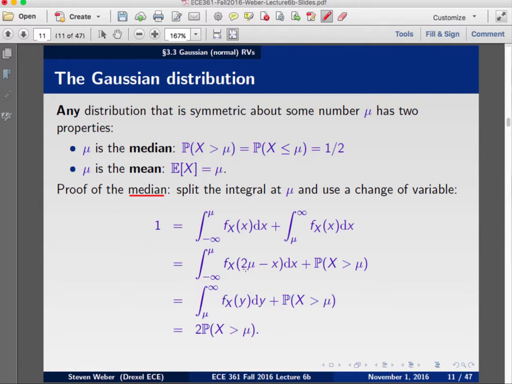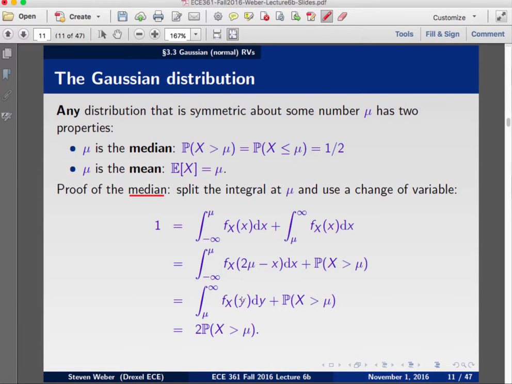First, because the PDF is symmetric around mu, I know that f sub x at little x is equal to f sub x at 2 mu minus x. So I can always make that substitution. In the second integral, I recognize this is the integral from mu up to infinity of the PDF over all x. And that corresponds to simply the probability of the event that the random variable x is larger than mu.